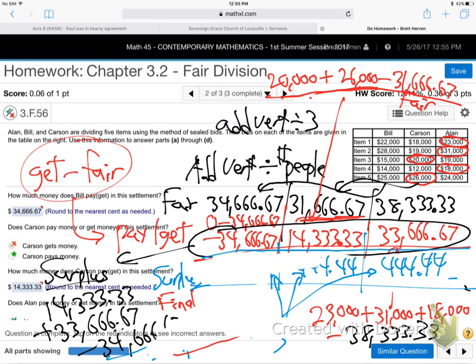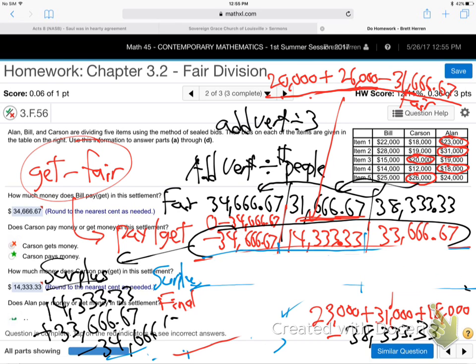This is not the right surplus. I'm off by a digit. We got to take the test. That's my excuse right there. Yeah, what was it? 13,333.33. Yeah, so I was just off by a digit.